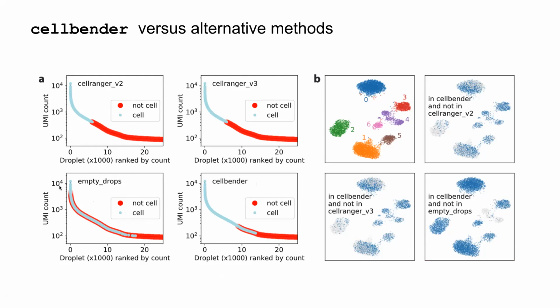EmptyDrops is probably tossing out way too many cells, calling things not a cell all the way up here, really high in the barcode rank. Cellbender is a little more sensitive to these things in the middle, so there's a little more overlap.